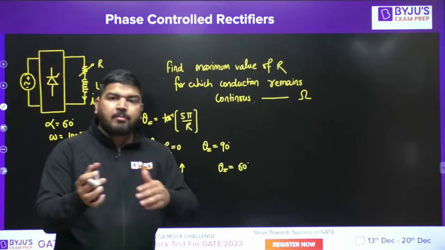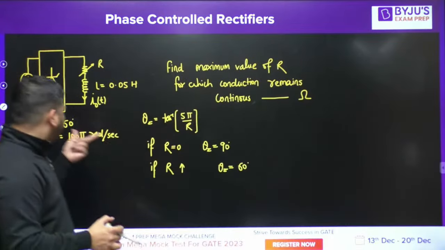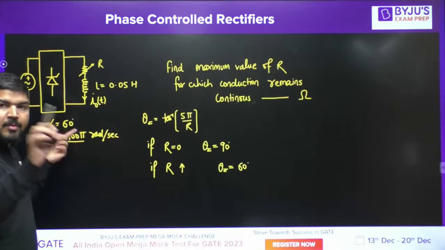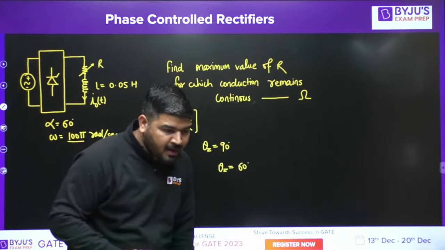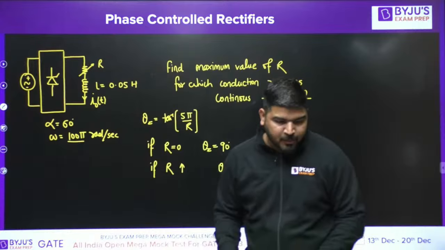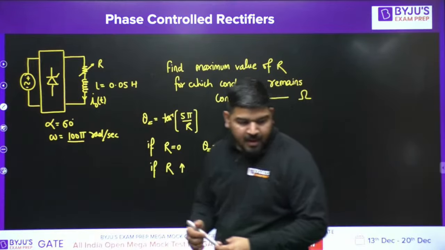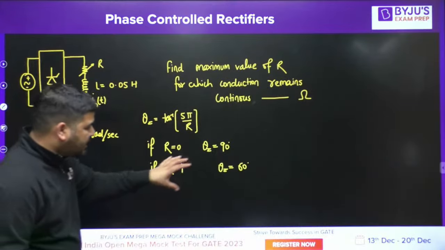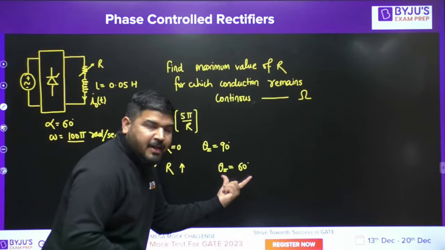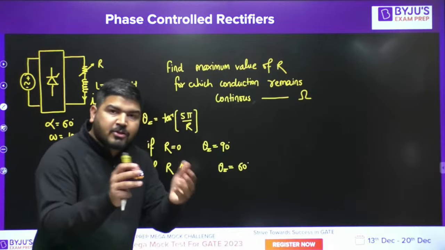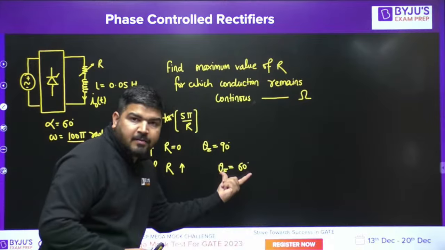I don't know how many of you have understood this point. It is very important. So at theta Z equal to 60 degree, alpha is also 60 degree. This is the boundary condition.